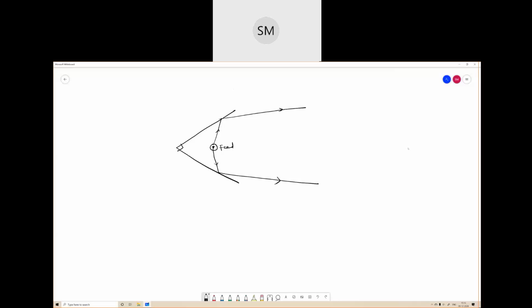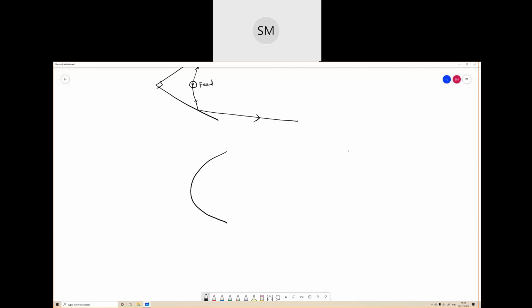The more common reflector antennas that are used in EM theory, the first is called the front feed reflector. So this is my reflector. This is my antenna. This point is called the vertex.